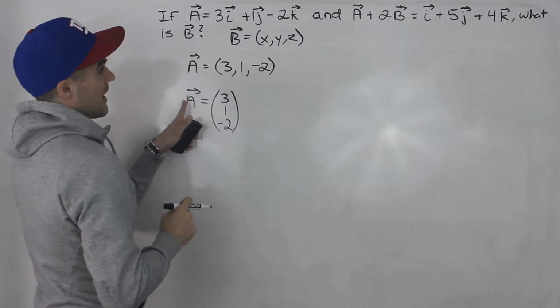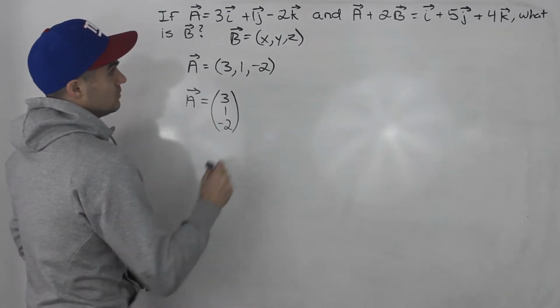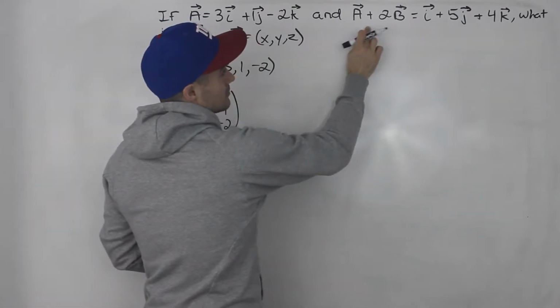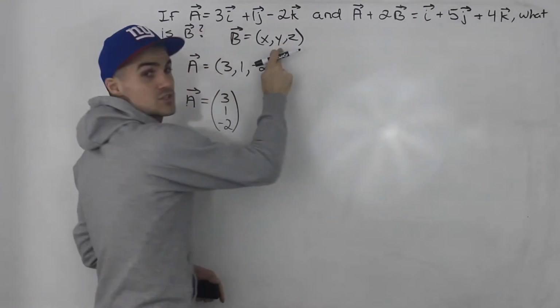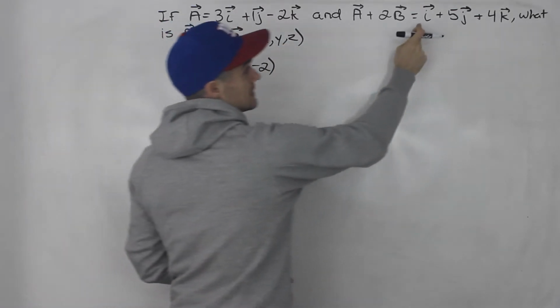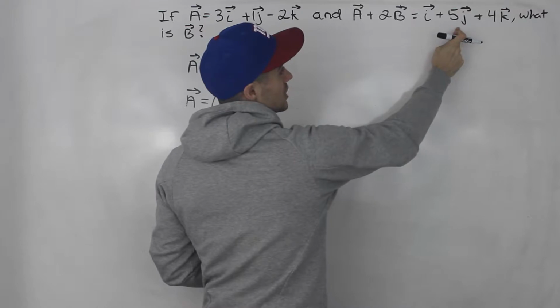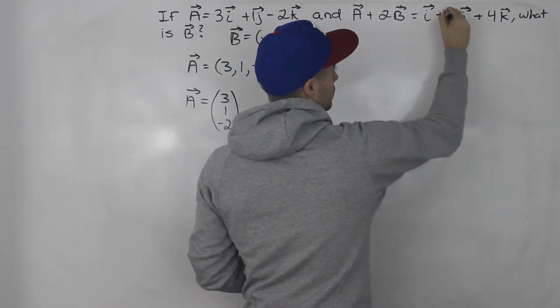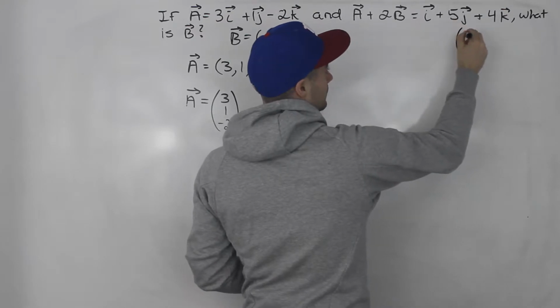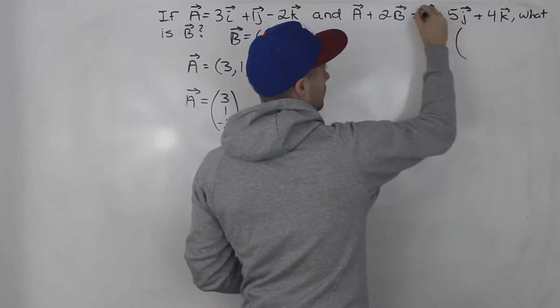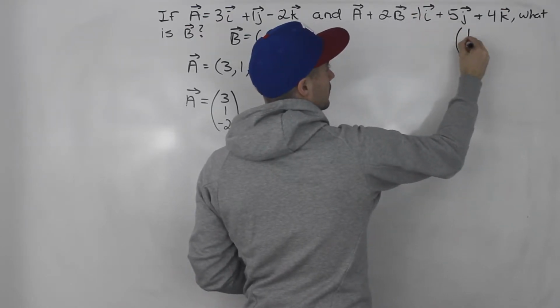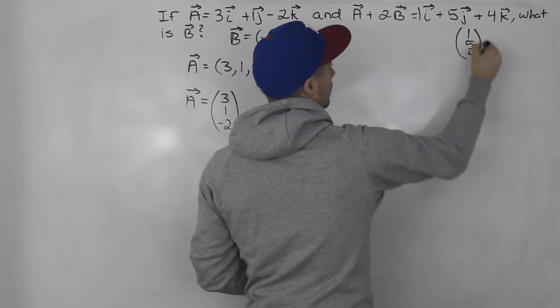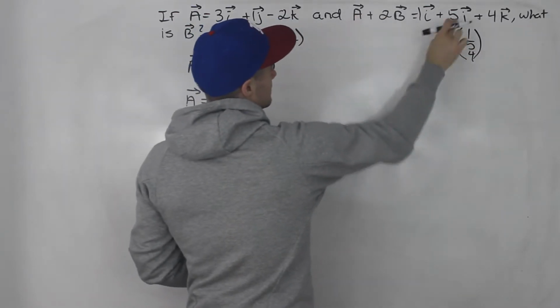So this is vector A, and we're told here that vector A plus 2 times vector B, which is what we are finding, is equal to i plus 5j plus 4k. So this here, if we write this result in Cartesian form, there's like a 1 in front there, then we got the 5, and we have the 4. So we can write this equation.